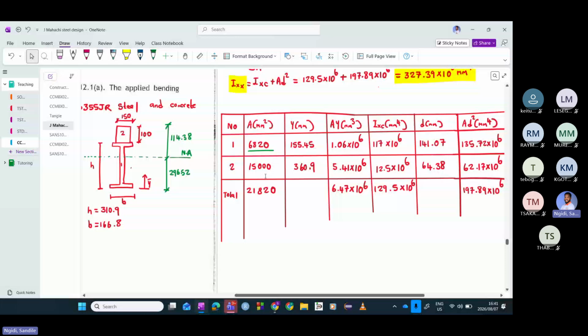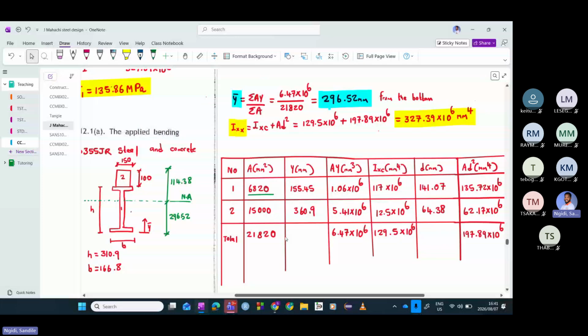After finding AY, we found the total of the AYs and the total of the areas. If you take the total of AY and divide it by the total area, that is how you get the centroid. We got a value of the centroid equal to 296.52, and this is if you are taking the centroid from the bottom of this section.